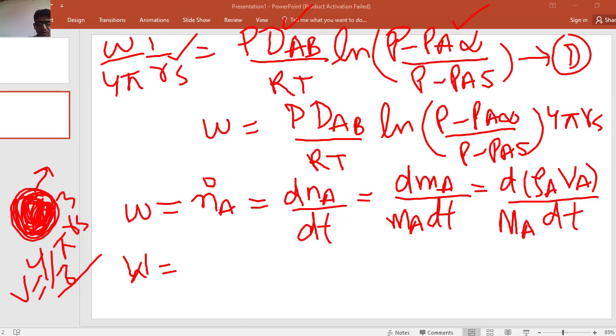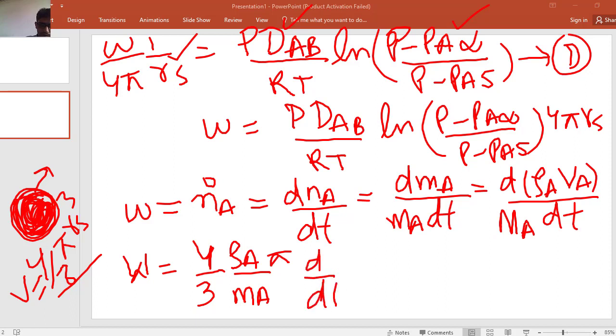So W changes only with the passage of time as the radius decreases. So this is nothing but 4 divided by 3, density of A over molecular mass of A, times pi, and d by dt of RS cube.